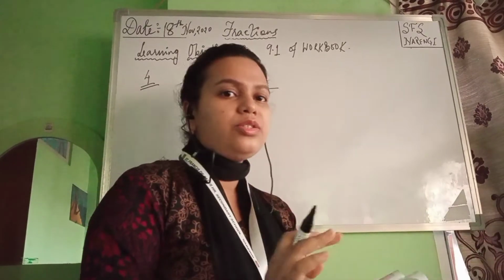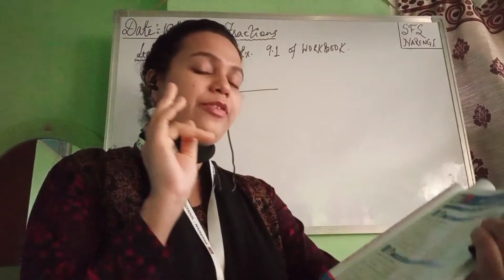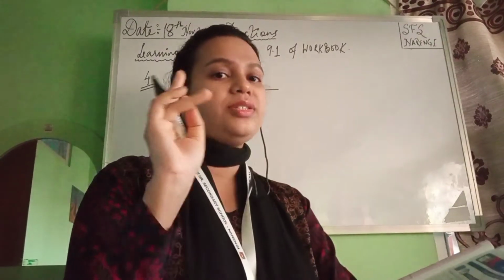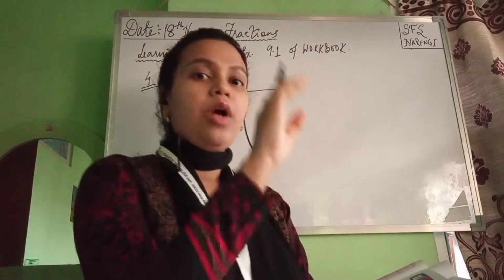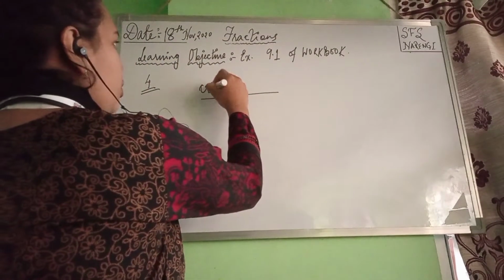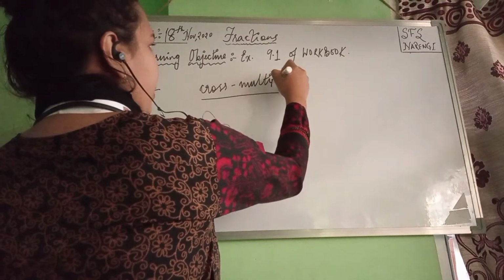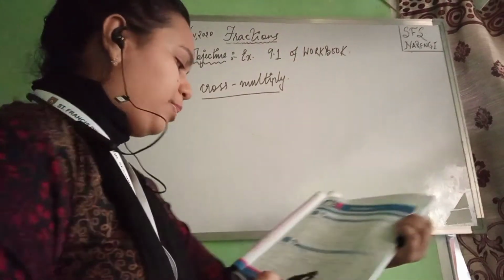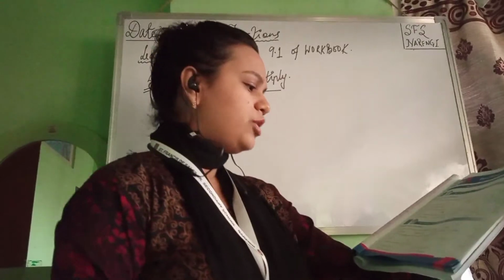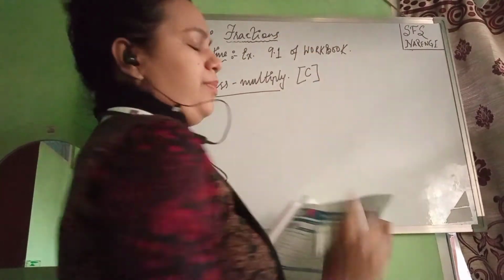In our last two classes, we have been doing it repeatedly, right? If we have to check whether two fractions are equivalent or not, we cross multiply them, right? So the answer is cross multiply. For question number 4, the option is C.